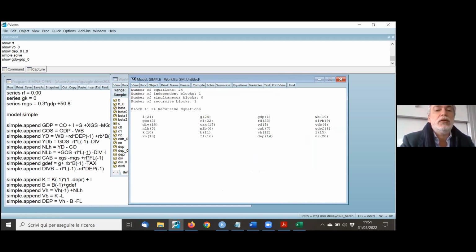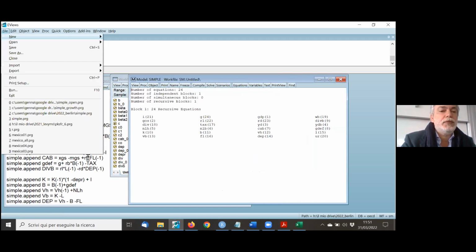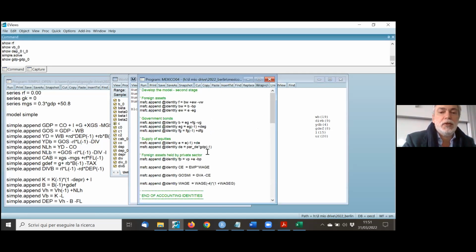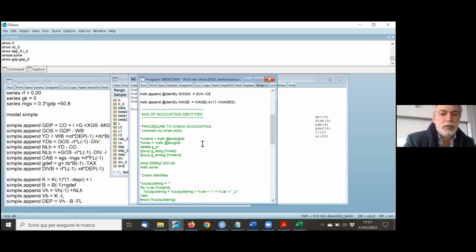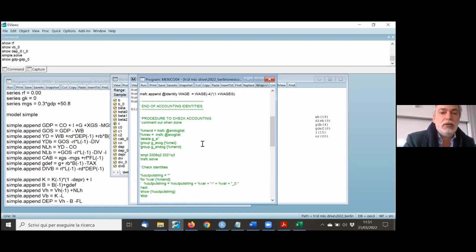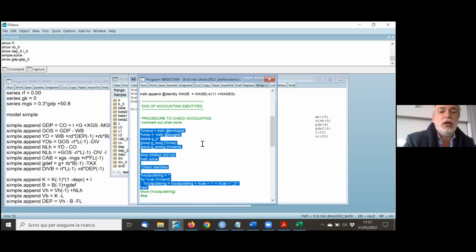So this is what I did in my code yesterday. It should be somewhere, maybe in here. Yes. So I can use this portion of the code.